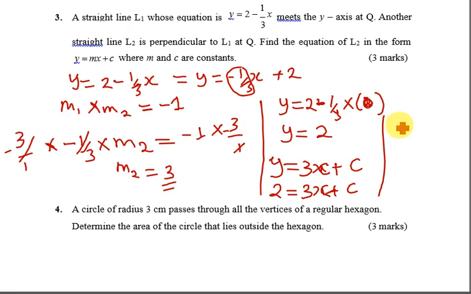Again we know the value of x at this point, the x is 0, so we have 2 equals 3 multiplied by 0 plus c. So 2 will be equal to 0 plus c, and 2 equals c.